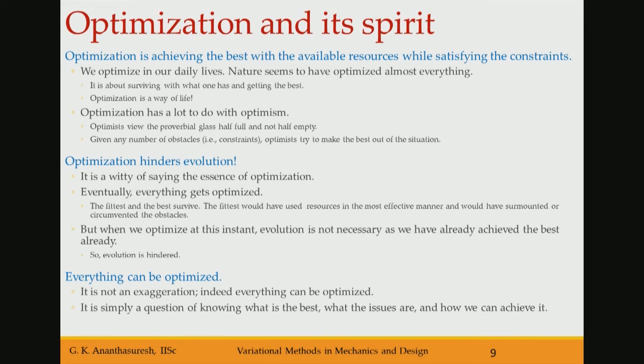Optimization basically says that you achieve what is best with what you have, because life is full of constraints, all resources are limited, whatever is a good resource it is limited in quantity, but we always want to do the best that we can, right. So, we do that in our daily lives as well, doing the best that we can with what we have, that is what optimization is.